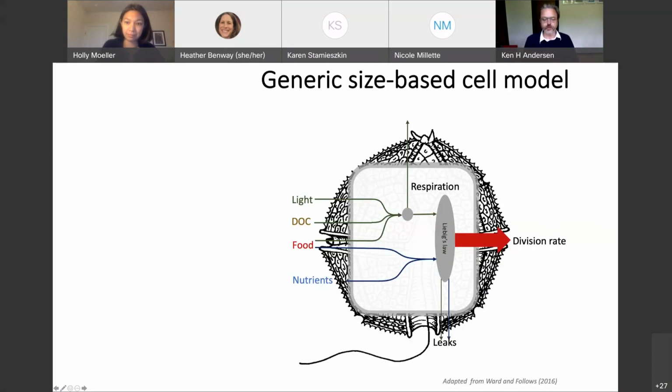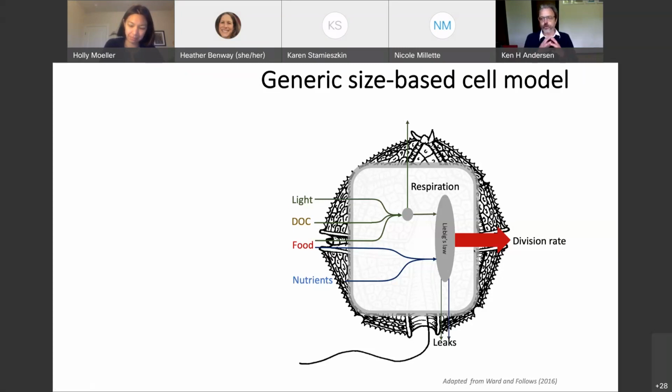It can take up carbon, do phagotrophy, and it can take up the inorganic nutrients. And the carbon part of that goes into the carbon flow. Some of it is respired. The nutrient part, likewise. And then you have the biosynthesis part, where you leak surplus nutrients or carbon, which gives you the division rates. That's the essence of it.